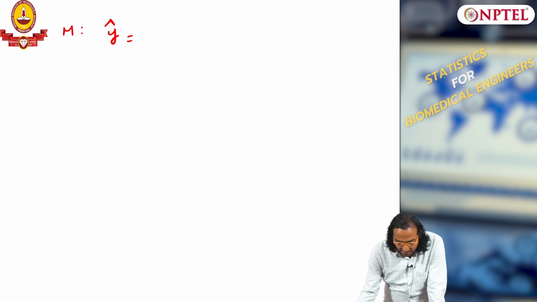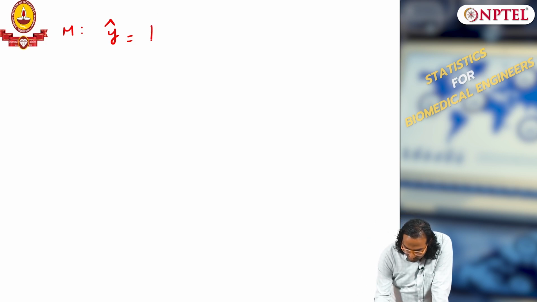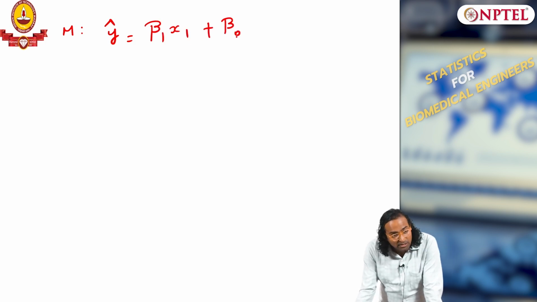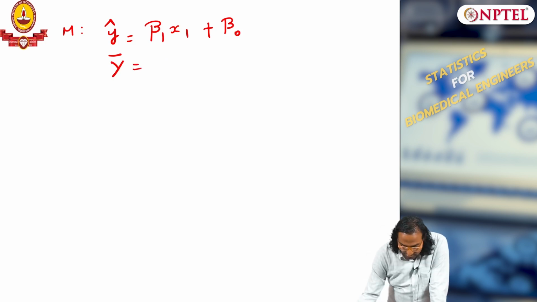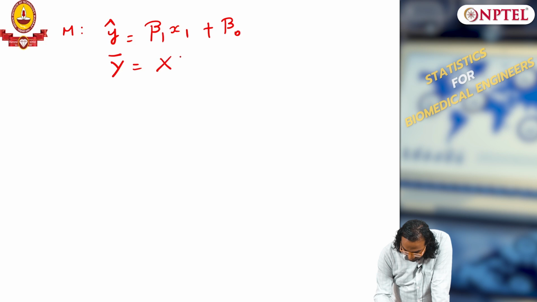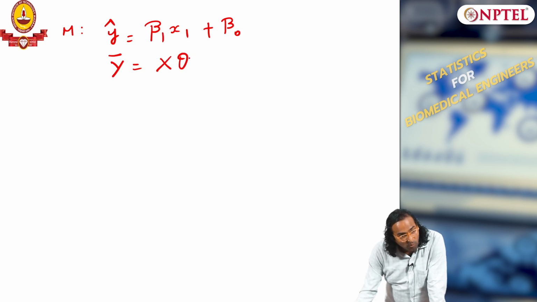So, that is y hat, and let us call this beta 1 x1 plus beta naught. This is similar to your mx plus c. If I want to write it in vectorial fashion, y vector equals to, how do I do that? What will be your x?